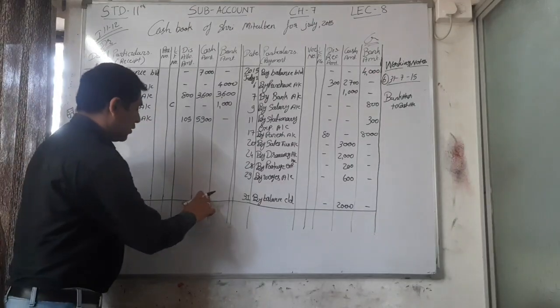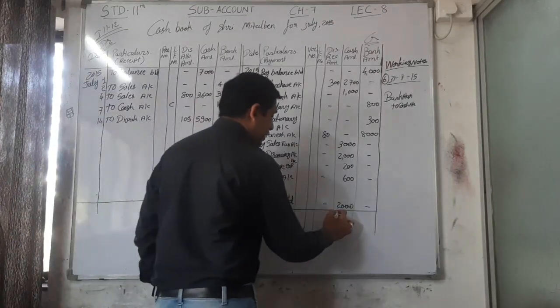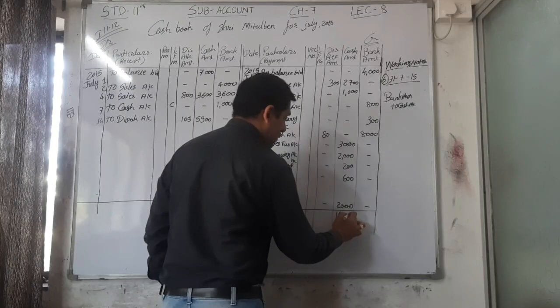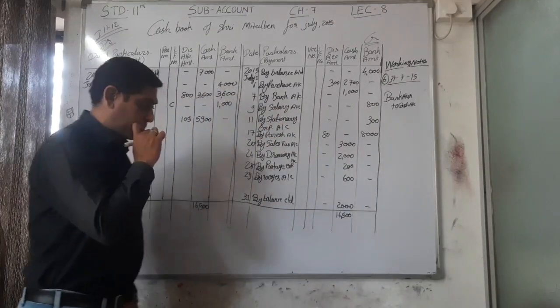Okay, and that 16,500 we have to write down on the credit side also.